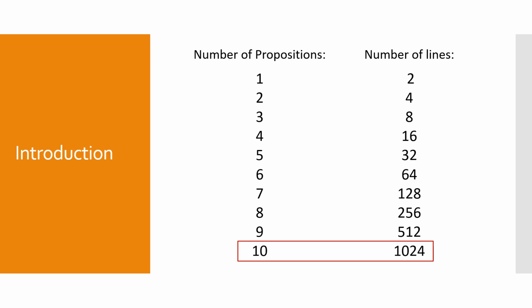By the time we make it to 10 terms in an argument, we are already at the point where we need over 1,000 lines to solve in our truth table, at which point the truth table becomes rather impractical as a method for solving the question of validity in arguments, particularly when the argument gets more and more complicated than this. So this is a pretty hefty limitation as well.